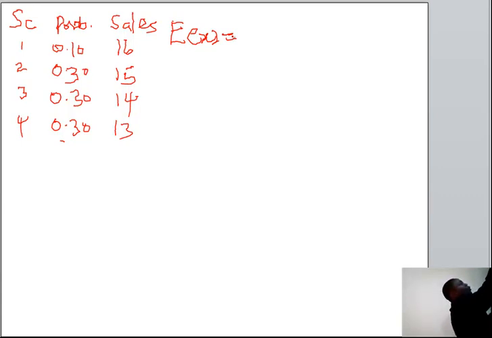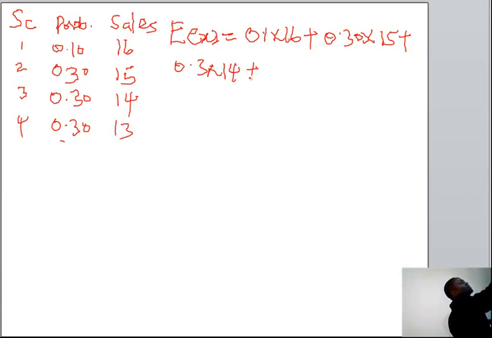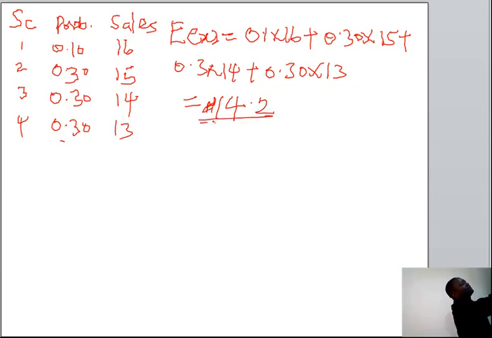We have 0.1 multiplied by 16, plus 0.3 multiplied by 15, plus 0.3 multiplied by 14, plus 0.3 multiplied by 13. If you sum these together, you have 14.2 naira. This is the expected value.